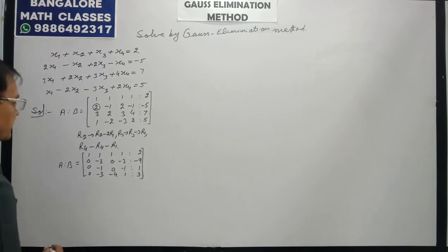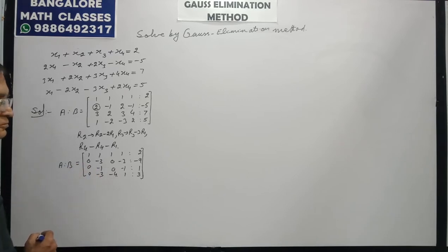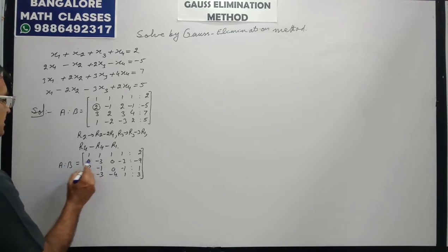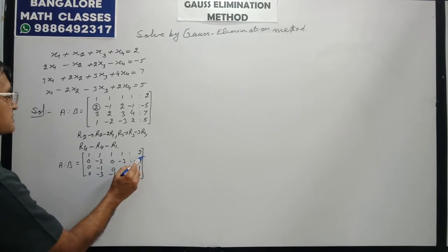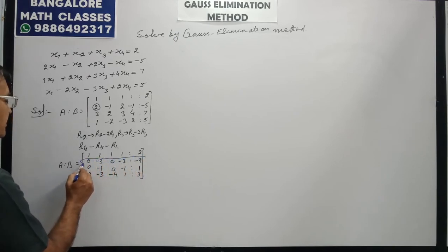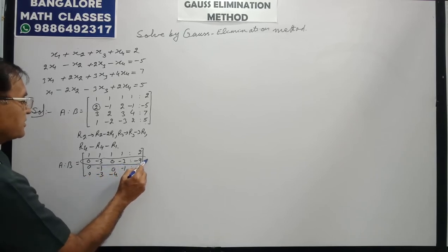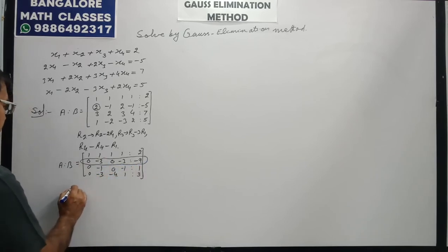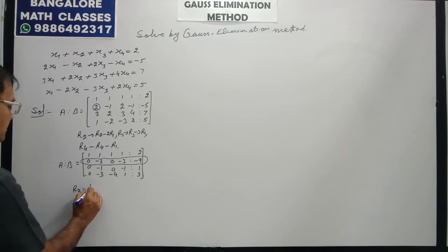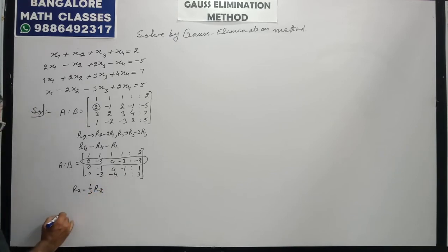After that, we want 0 below this. Here we have entry 3. See this row carefully. I can divide this whole row by 3. That is R2 to 1/3 of R2 to make the calculations easy.